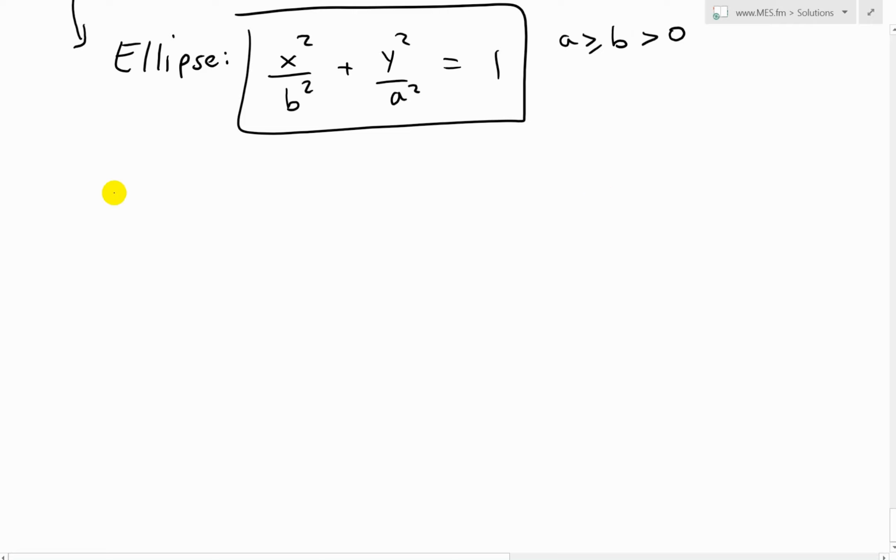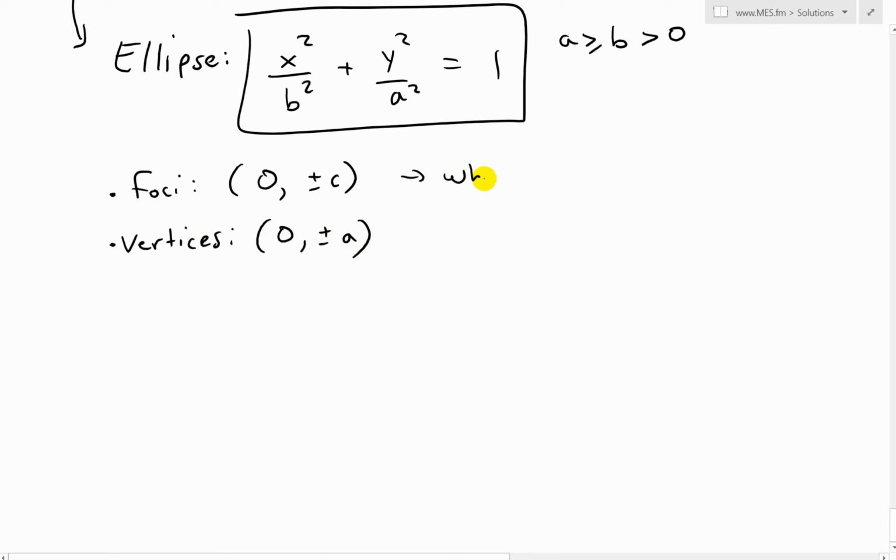And then the foci, if we switch them, are at (0, plus or minus c), and the vertices right here are now at (0, plus or minus a), so it's on the y-axis. And again, c squared is just going to be a squared minus b squared.